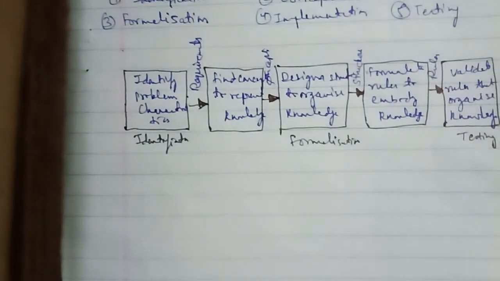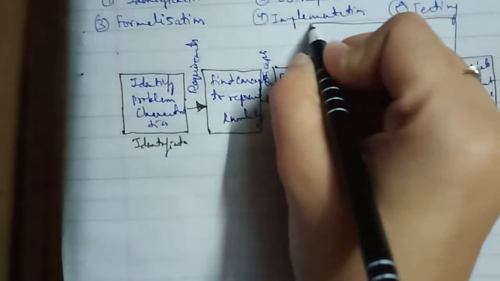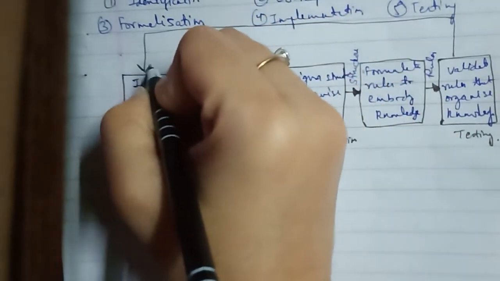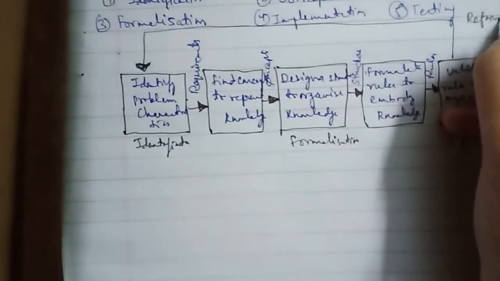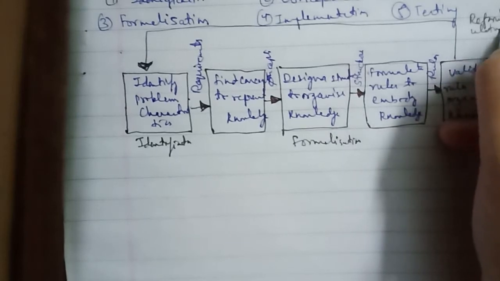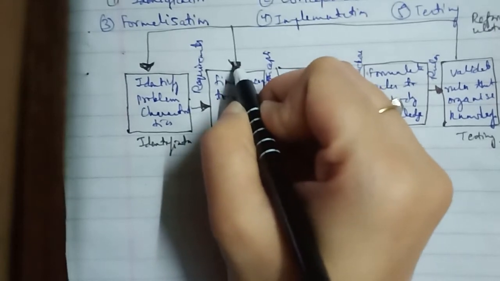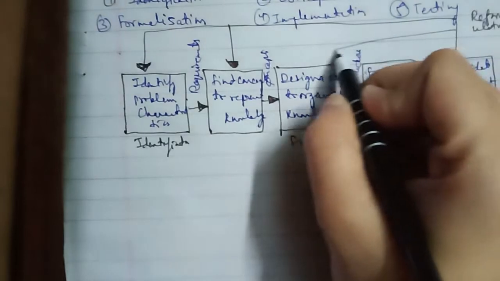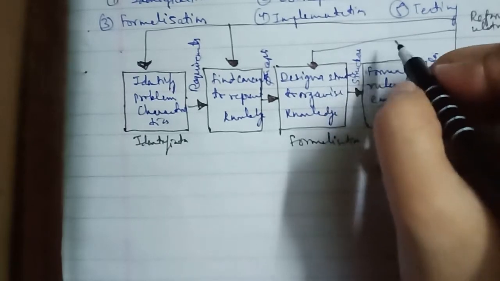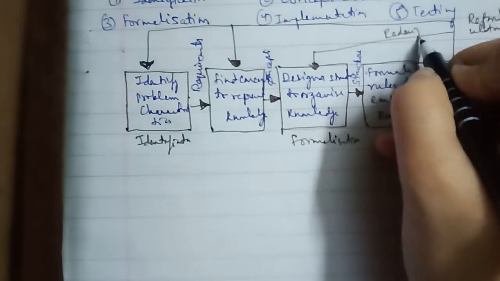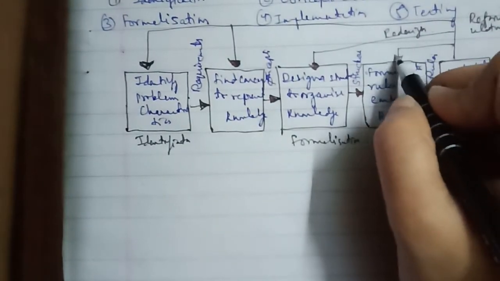With the same concept, with the identification from the testing, it goes to the identification, and that is your reformulation. Then it goes to the testing, to the refined concept here, and then the redesign. This is the redesign concept that goes to the design structures to organize knowledge, that is redesign. And here for that, this is your refinements.